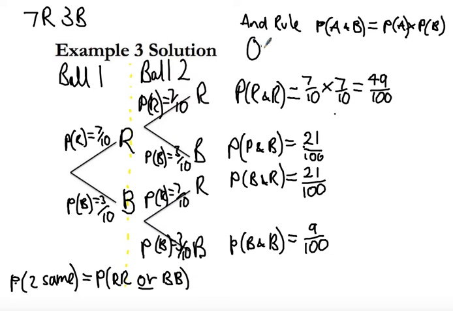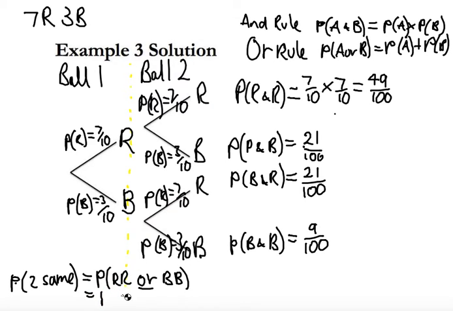So going back to our OR rule, probability of A or B is equal to the probability of A plus the probability of B. So this becomes probability of red red is 49 over 100, and probability of blue blue is 9 over 100.